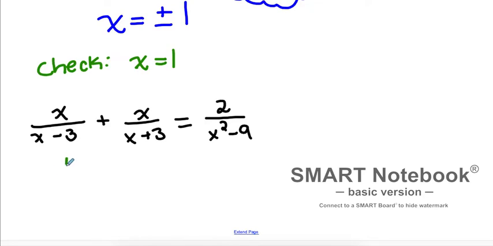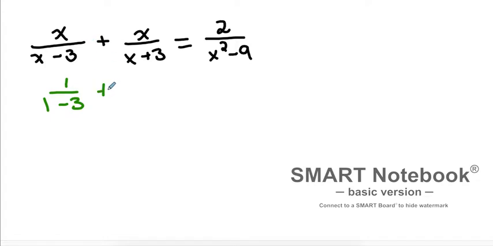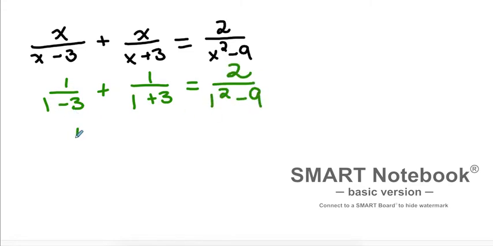So here I'm going to have 1 over 1 minus 3. So I'm plugging in 1 for every x. 1 over 1 plus 3 equals 2 over 1 squared minus 9. So this is going to be 1 over 1 minus 3 is negative 2 plus 1 over 4.